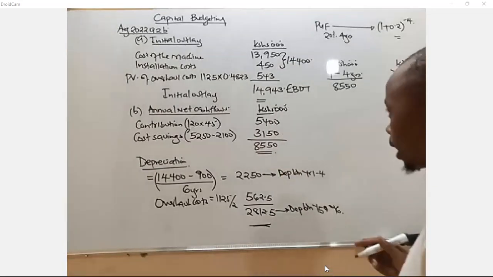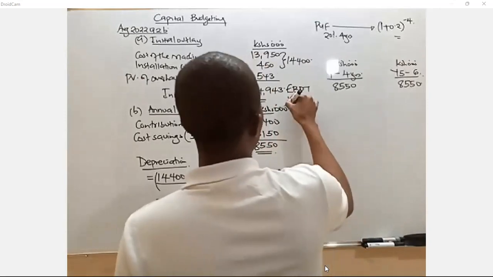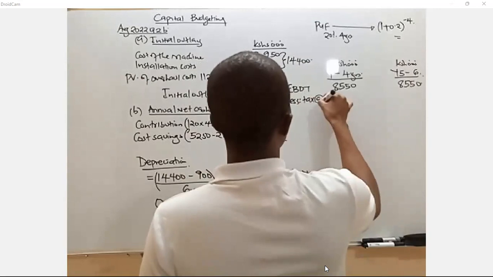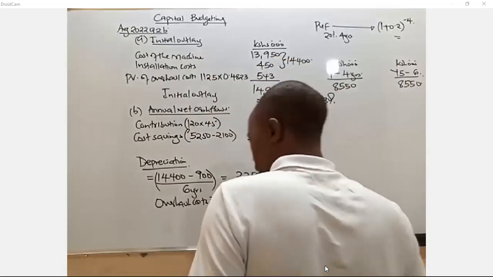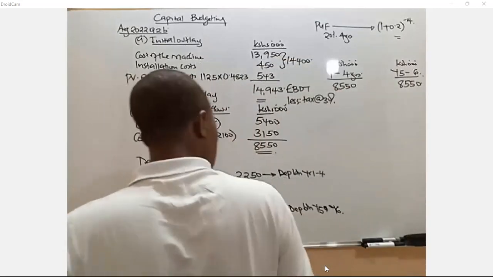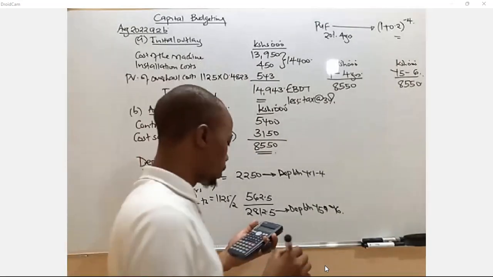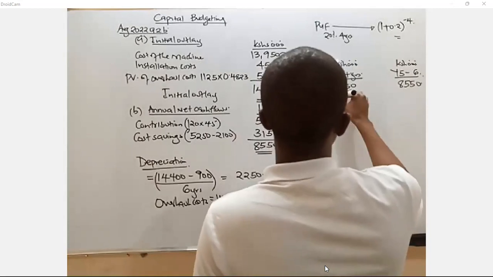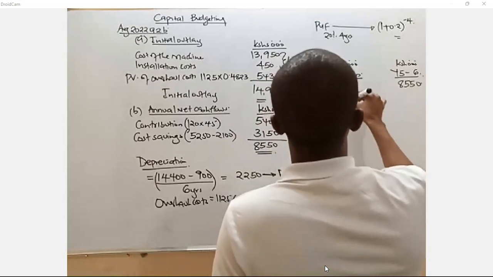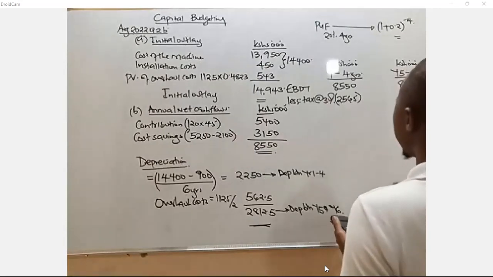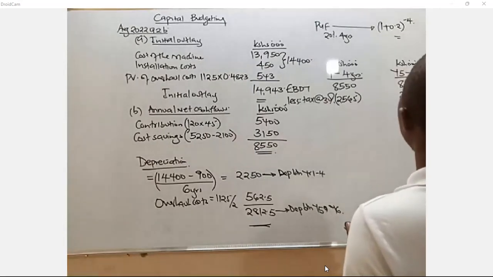Then can we less our taxes at the rate of 30%? How much is 30%? We say 8,550 times 0.3, getting 2,565. The other side will be 0.3 times the same, 2,565.